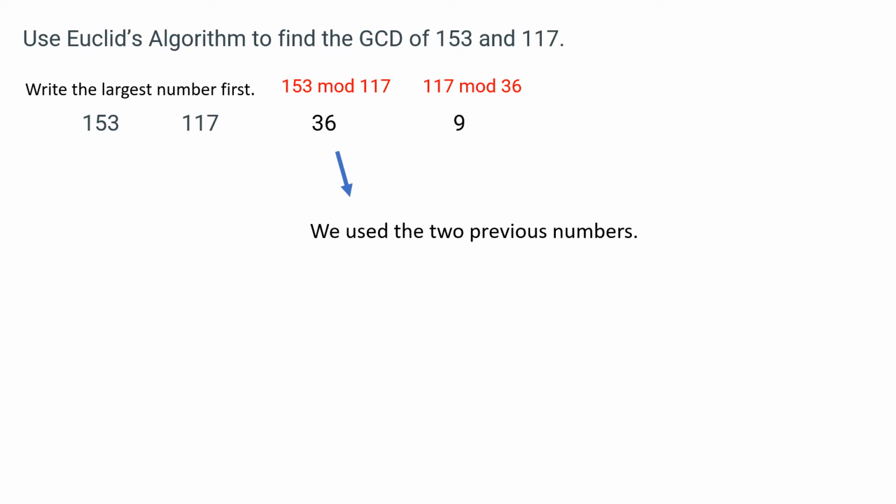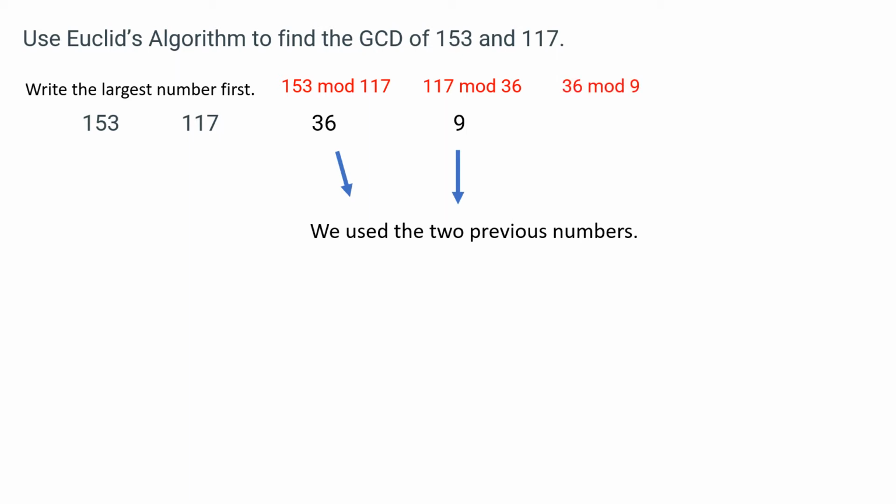We'll find that to be 9. That used the two previous numbers, 117 and 36. But now the GCD of 36 and 9 will be the same GCD as those original numbers. And see, we're making it easier and easier here.